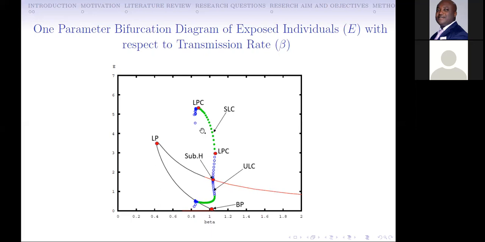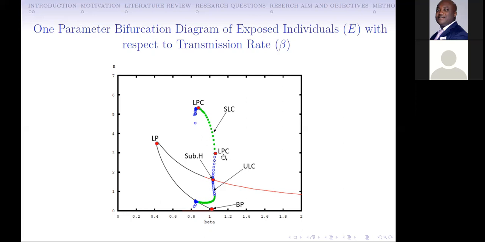There is occurrence of SLC, which corresponds to stable limit cycle. The green line here represents the stable limit cycle, and the blue line here represents the unstable limit cycle. As we increase the transmission rates, there is occurrence of LPC, which corresponds to saddle node bifurcation of a cycle.